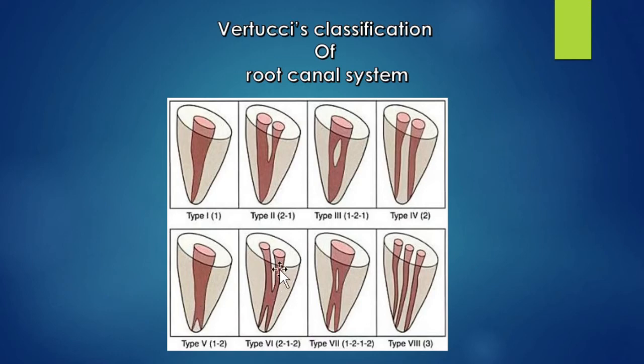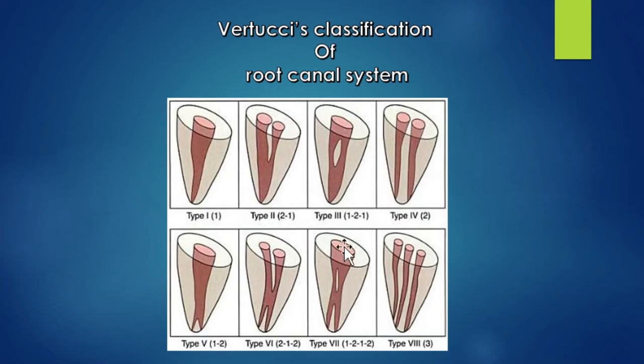In type 6, the root canal starts as 2 canals from the pulp chamber and joins at the middle of the root to form one canal, and then extends till the apex and again divides into 2 canals just short of the apical foramen.